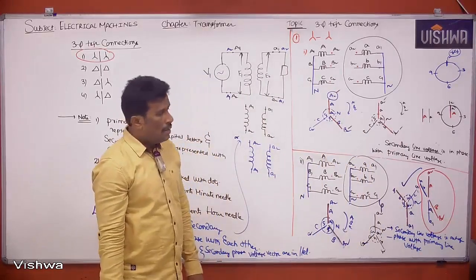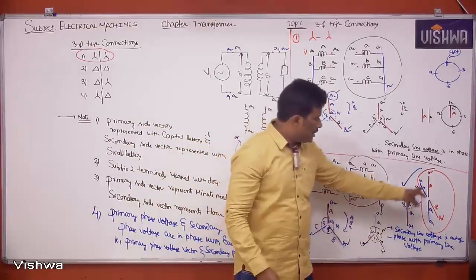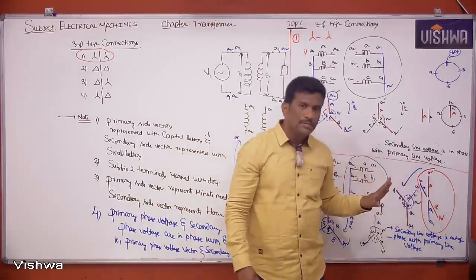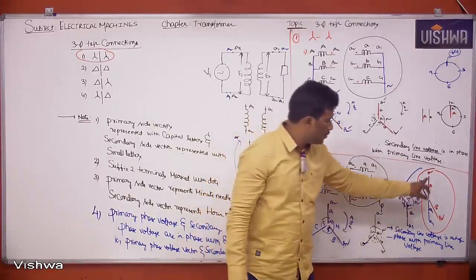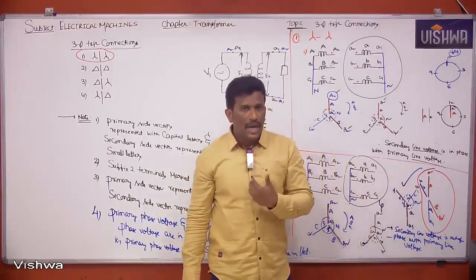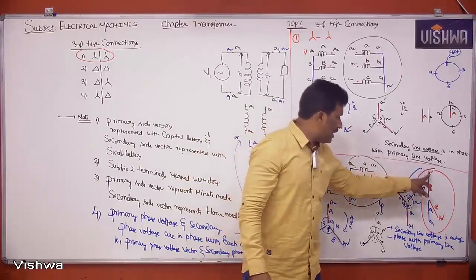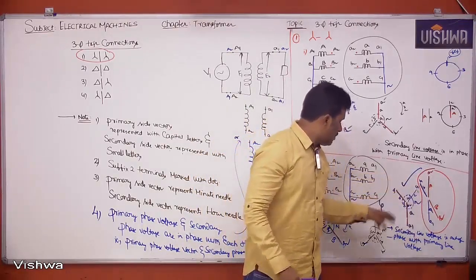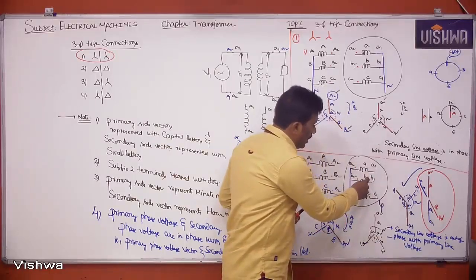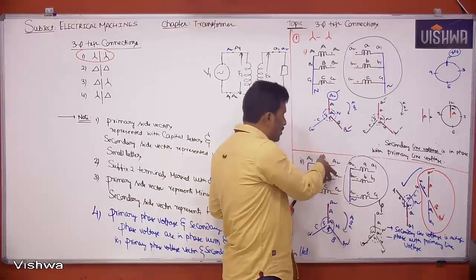Is it clear? Now we should know, there is no need to draw this portion. For making you understand, I'm just comparing the secondary line voltage A1, B1 with the primary line voltage A2, B2.